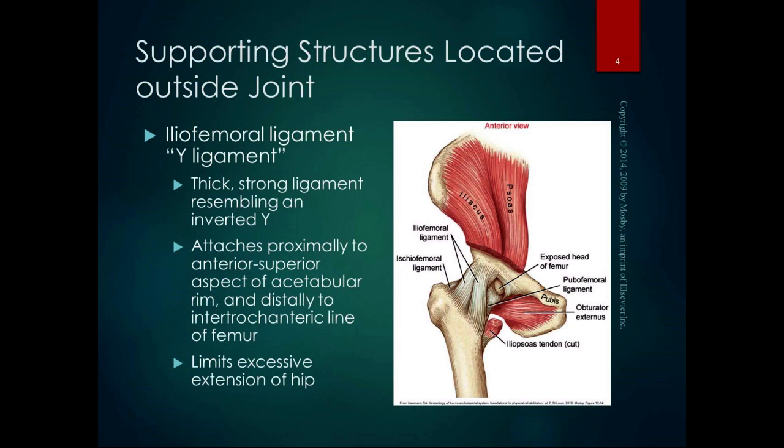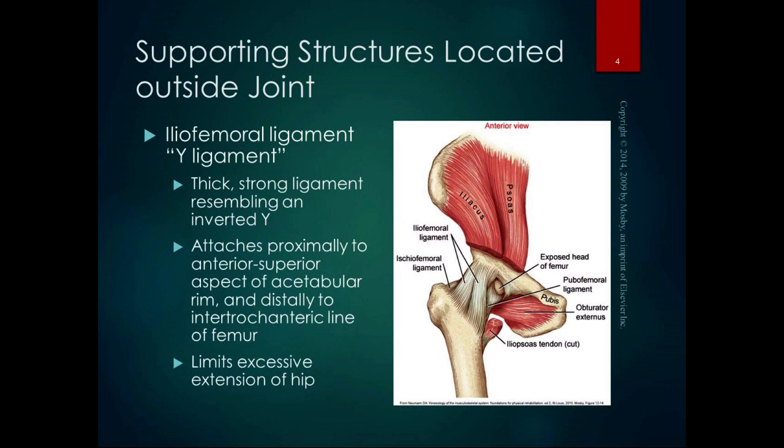So we have big, beefy ligaments that are supporting the hip. The iliofemoral ligament, its nickname is the Y ligament because of its shape. It's a thick, strong ligament resembling an inverted letter Y. It attaches proximally to the anterior superior aspect of the acetabular rim and distally to the intertrochanteric line of the femur, which is that anterior imaginary line between the greater trochanter and the lesser trochanter.